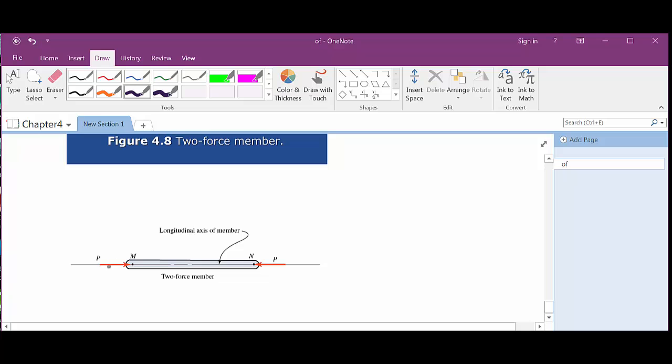The thing that this screams to me is that this member is in compression, because the forces are both pushing in on it.